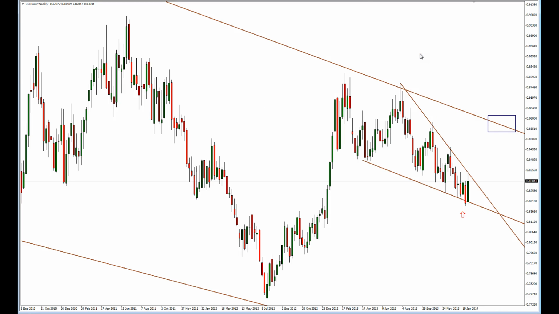But of course all you have to do is wait for the price to close above this triangle, so it still keeps the pair within its range.